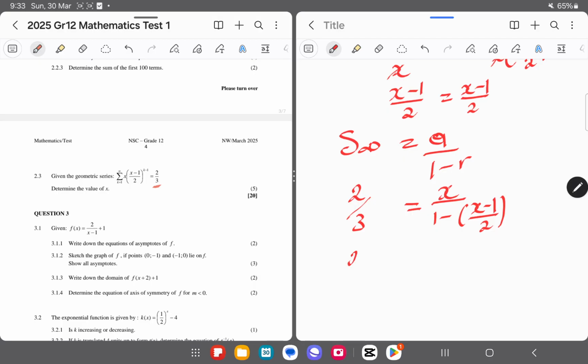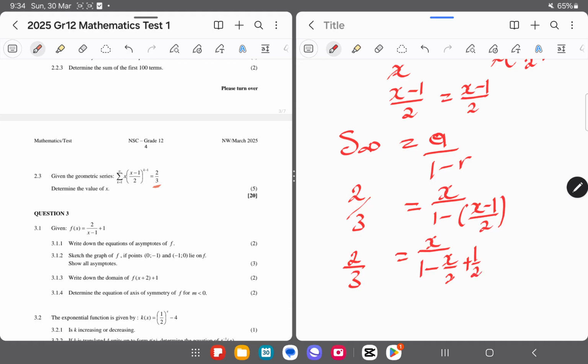let's say we have 2 over 3 equal to x divided by, in this case, let me see what we can do. If we distribute, that negative is going to be 1 minus x over 2 plus 1 over 2.